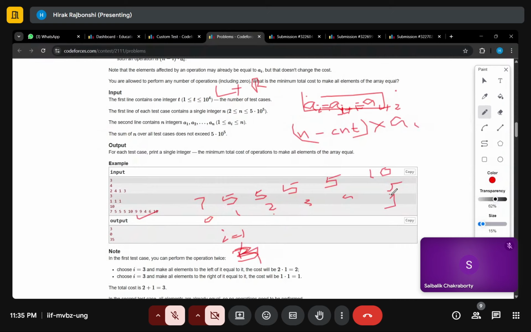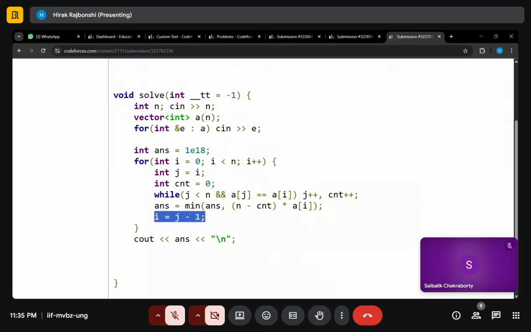Then here not equal, right? j is here, so not equal, so count is 4. Answer will be n minus something. Then I am assigning i the value j minus 1, because in the for loop I am increasing i, right? So I am initializing i with j minus 1, and this will give us the answer.